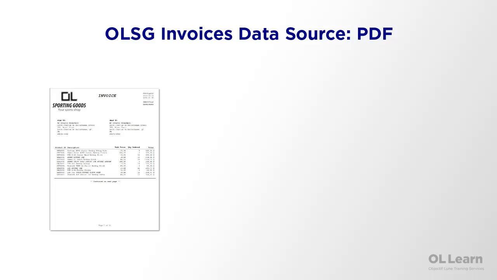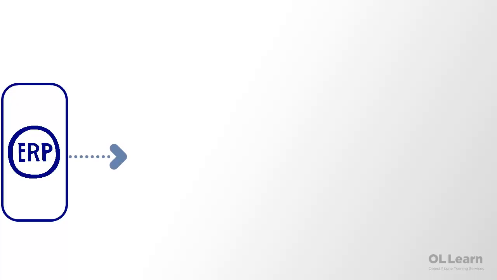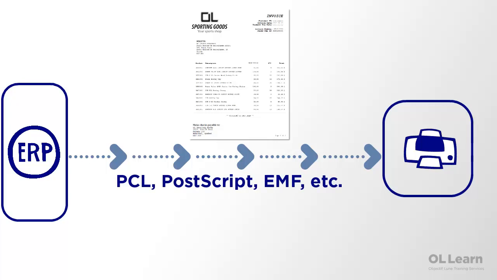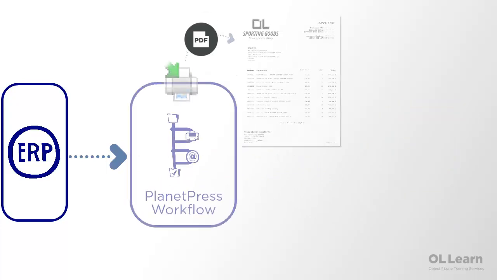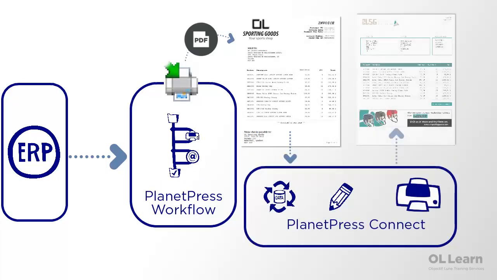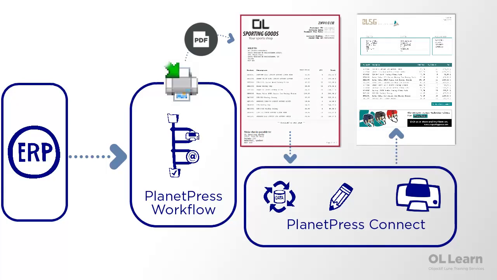Well, where it comes from originally is from an ERP system that we no longer have control over the output. All it does is it outputs to a printer queue in the format that it's been programmed into, and that's it. It doesn't do anything else. So what we're going to do is intercept that print job, convert it to PDF using the WinQ input that we're already used to, and it's going to output what we need.